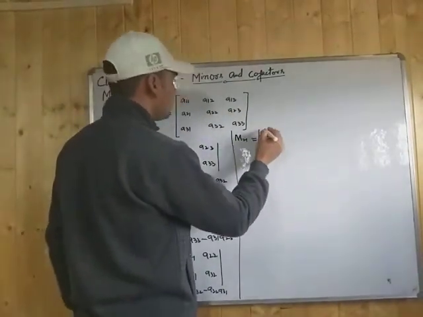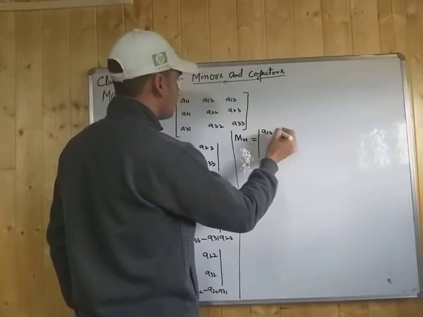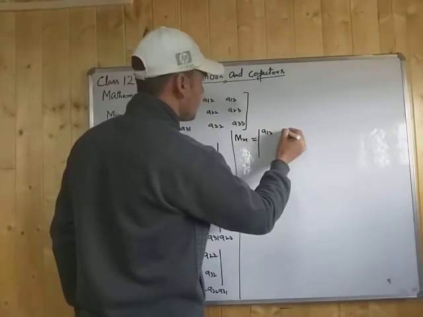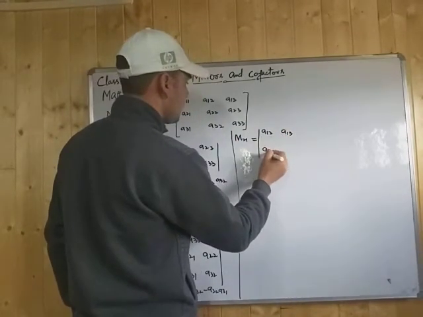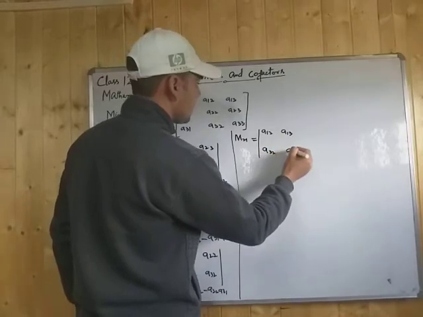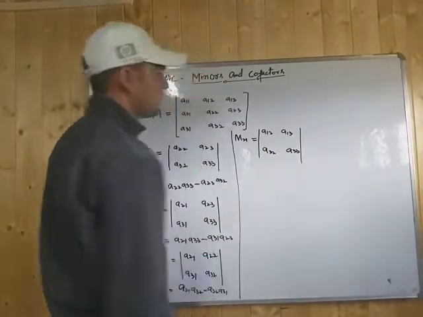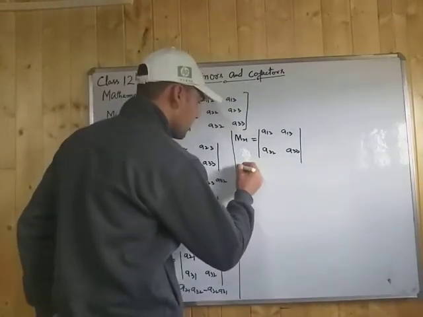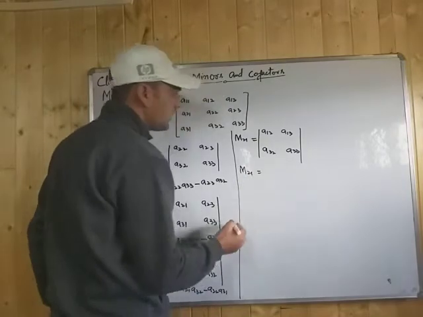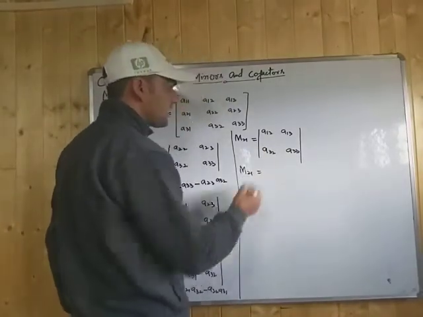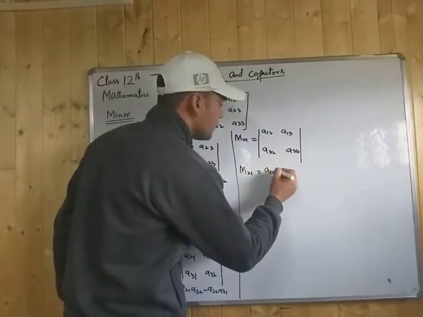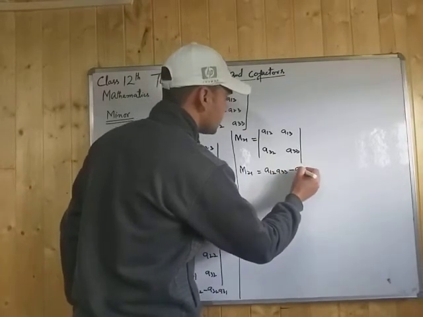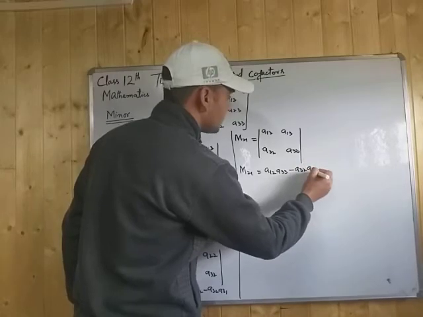So it will be A12, A13, A32, A33. Or you can write here M21 is equal to, again by cross multiplication, A12 A33 minus A32 A13.